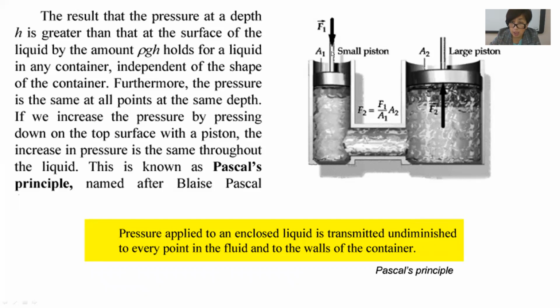We apply a force on the small piston, and the system puts an action on the large piston too. The formula for the second force equals the first force divided by the first area, multiplied by the second area: F2 = F1/A1 multiplied by A2.